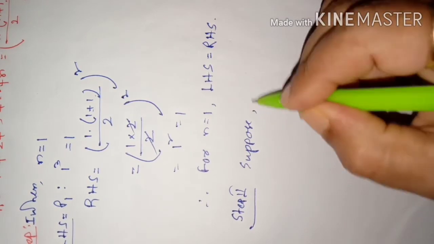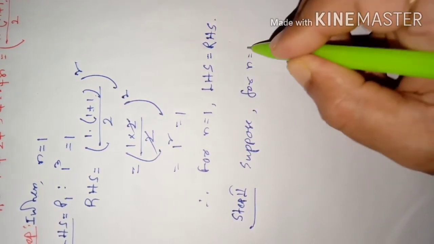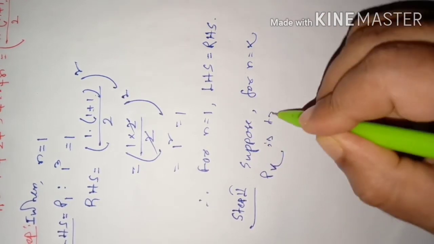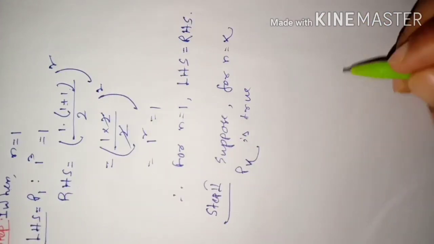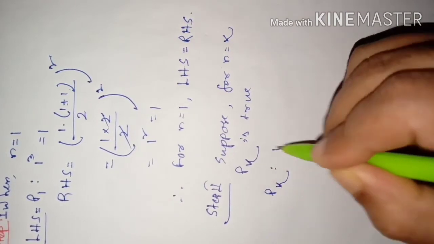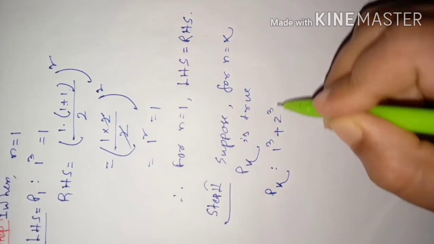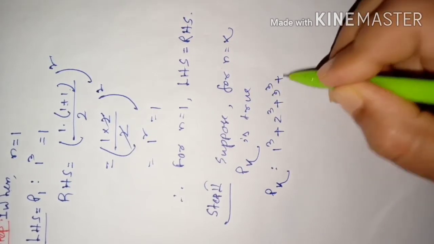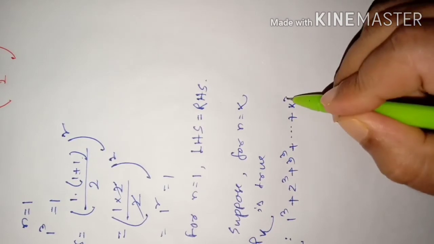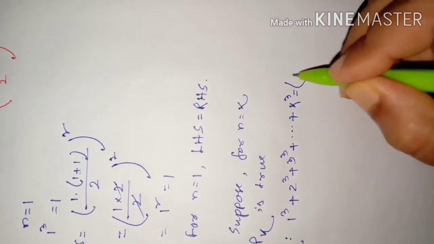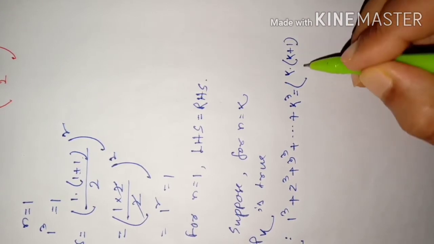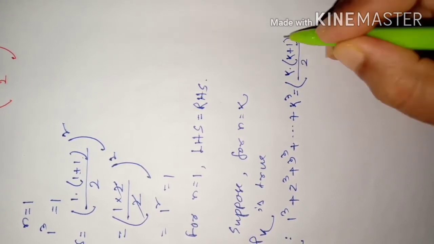Suppose for n equal to k, pk is true. So that means pk means 1 cube plus 2 cube plus 3 cube plus dot dot dot plus k cube also equal to k into k plus 1 by 2, the whole square.